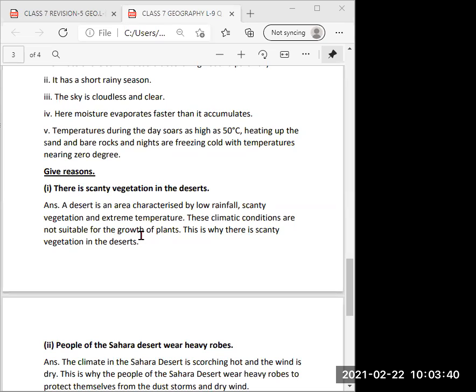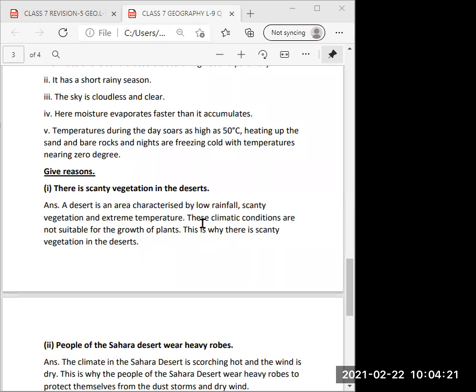This is the definition of a desert. A desert is an area. What is its main feature? Low rainfall, scanty vegetation, meaning little plant life, and extreme temperature, very high heat. Clear? This is the characteristic of a desert. If you see these things, it means it is a desert. Extreme climate, extreme temperature, low rainfall, scanty vegetation: these are the three points.